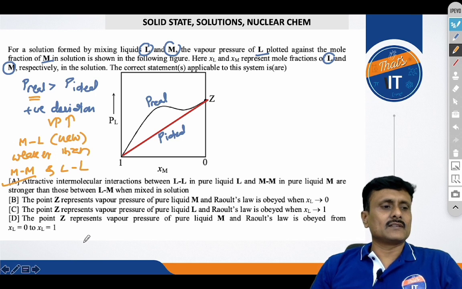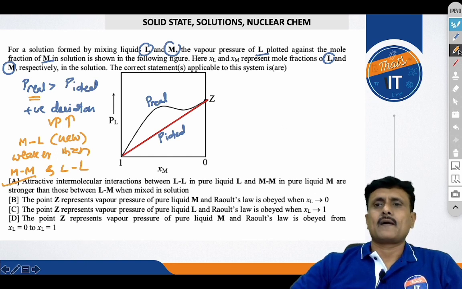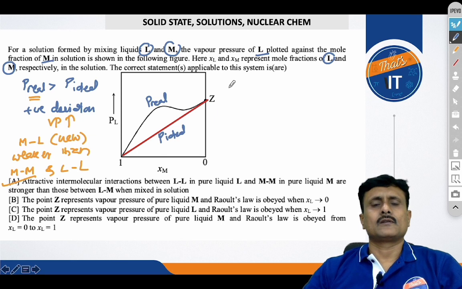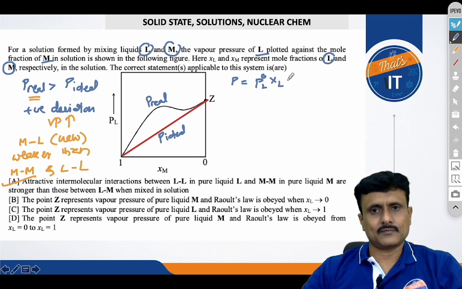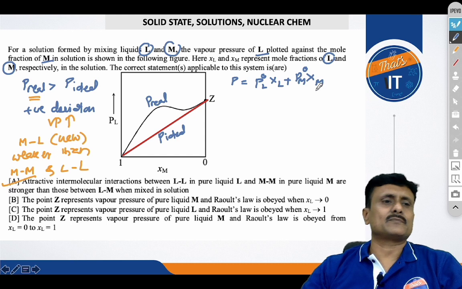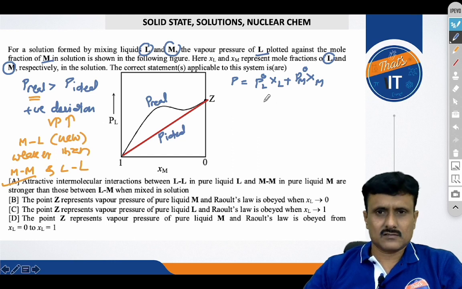Alright, now let's see the other values. You can see that the other values are simply complementing. I'll write the value for the total pressure: P equal to PA naught XA plus PB naught XB. You can see that graph. Now what else is given here?